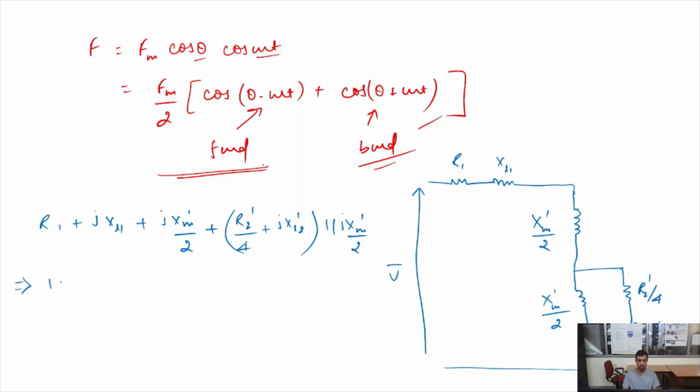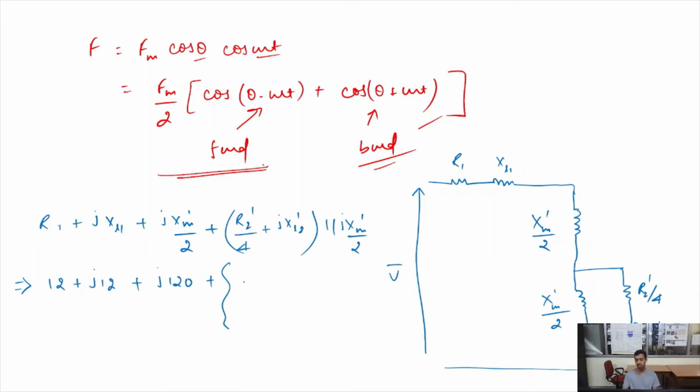So R1 is 12 plus XL1 is also 12 plus Xm dash is 240, so half is 120 ohm plus this we have to solve in parallel.